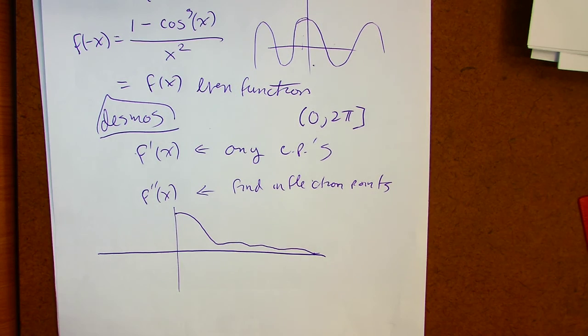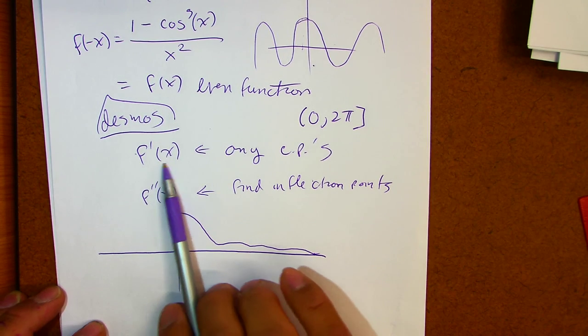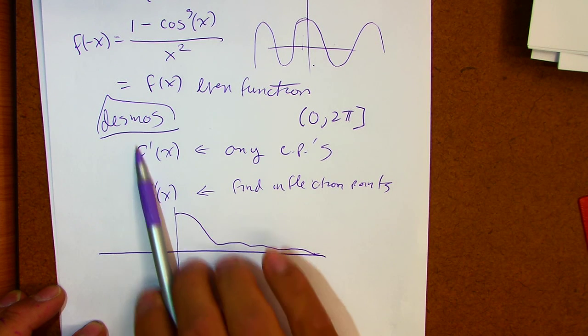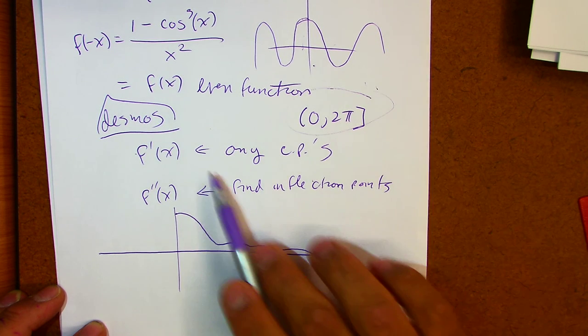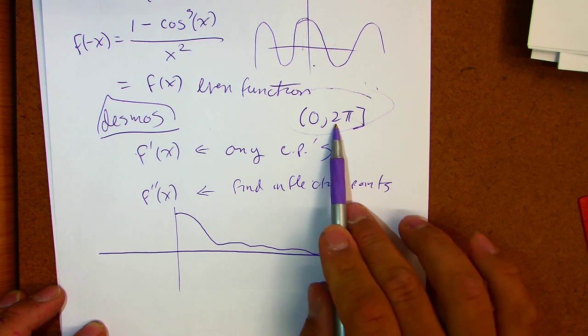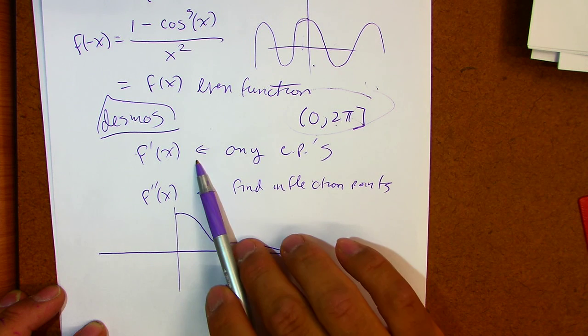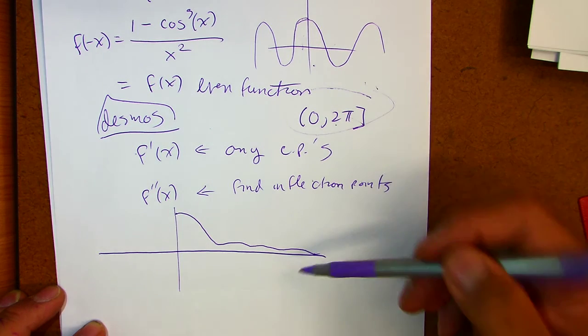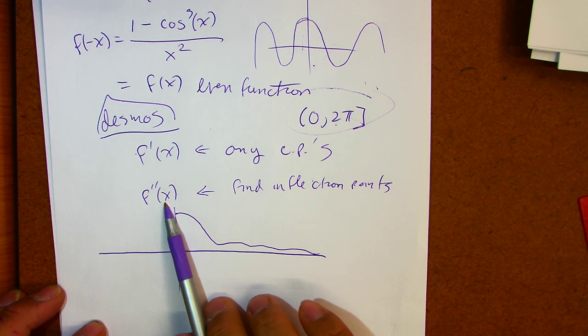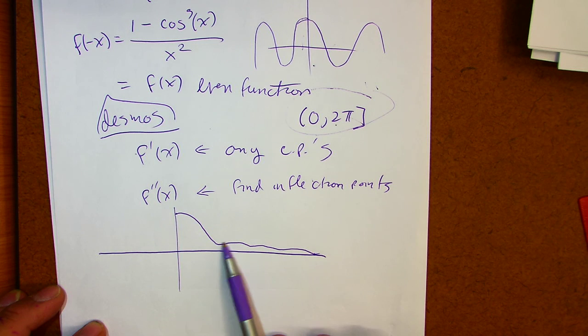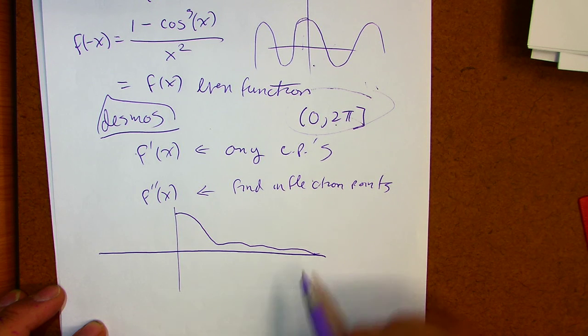So just find these derivatives and graph them on Desmos so you can see that, at least for the first one, there are no roots in 0 to 2 pi, which means it's always decreasing and there's no local max or min. But it does have some inflection points, which you can see are these things here.